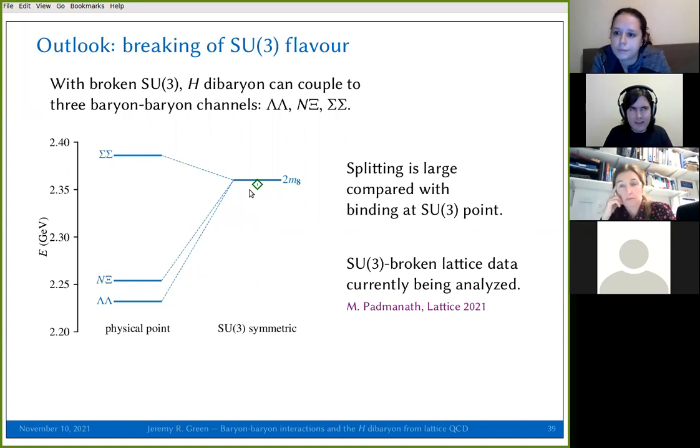We have data at, I think, 3 points, 3 steps toward lighter, the lightest being at a pion mass of 200 MeV. So we have the spectrum that's being analyzed. At light enough pion mass, you can ignore this highest threshold and only deal with the 2 coupled channels, but still your scattering amplitude, rather than being 1 function of p squared, has 2 phase shifts and a mixing angle, and it's just much more complicated to model.